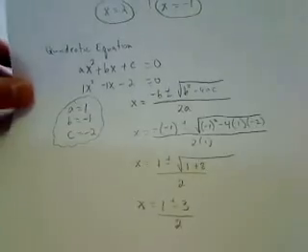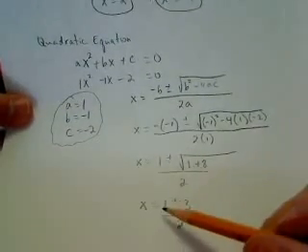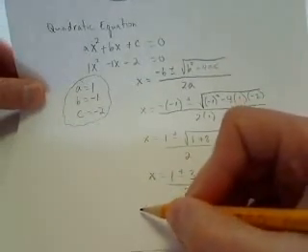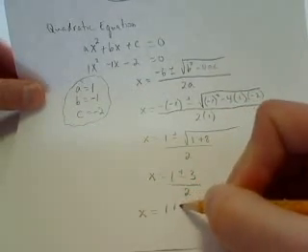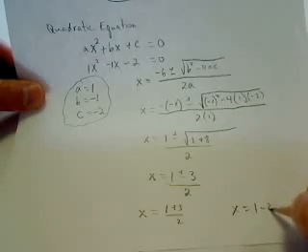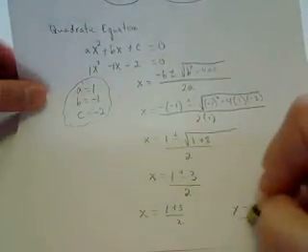Now with this quadratic equation, I get two answers: 1 plus 3 over 2, and 1 minus 3 over 2.